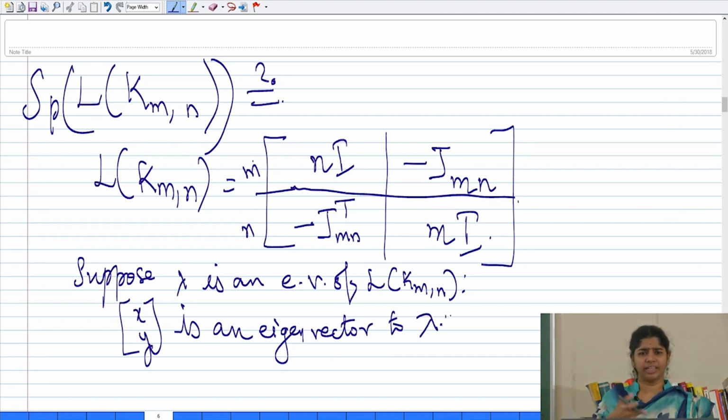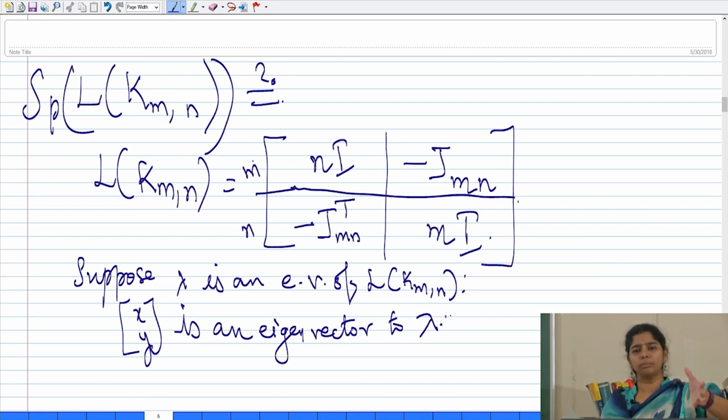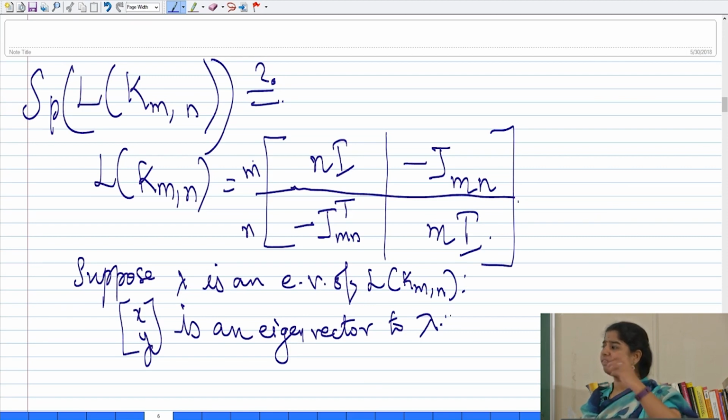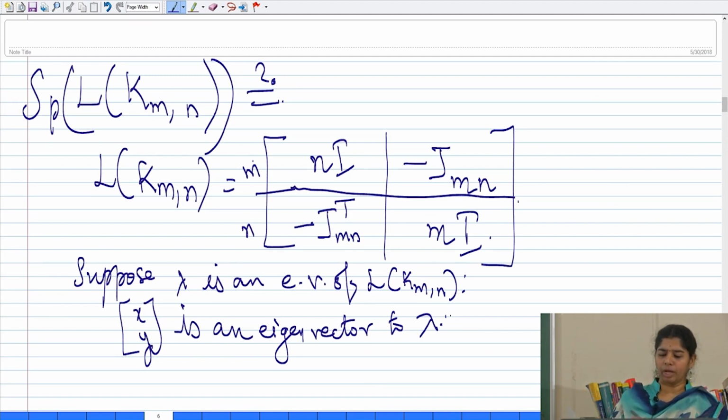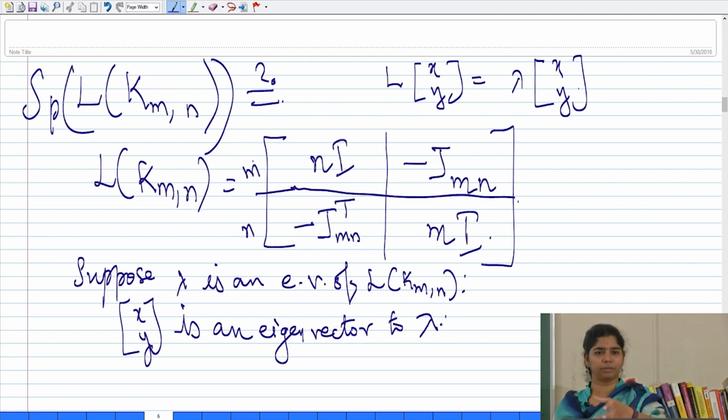Like we proved yesterday, we had already done this exercise for the adjacency matrix. Similarly, we will extend it and find the value of lambda. Now if I take this L matrix and multiply it by this vector x, y, I know it is going to satisfy lambda times x, y, since lambda is an eigenvalue and this is the corresponding eigenvector.